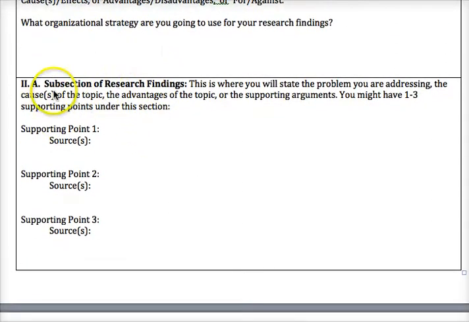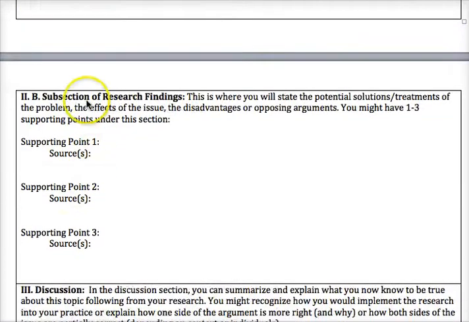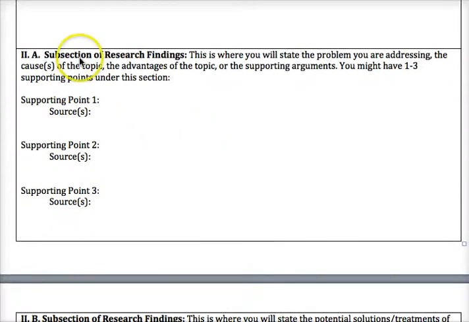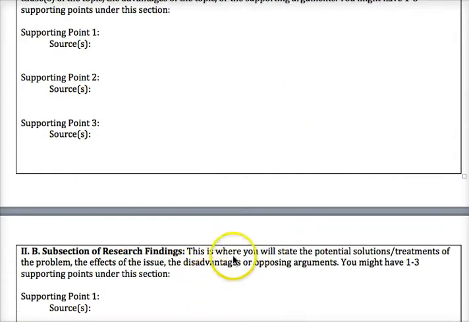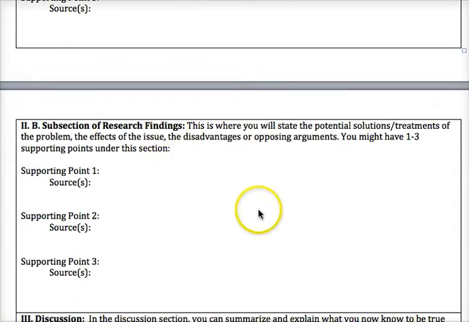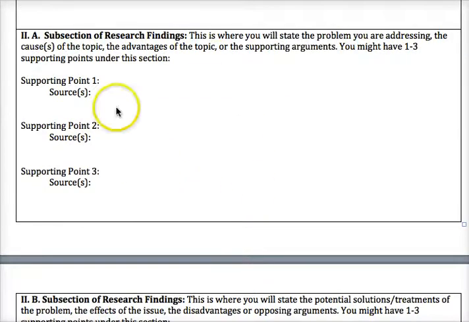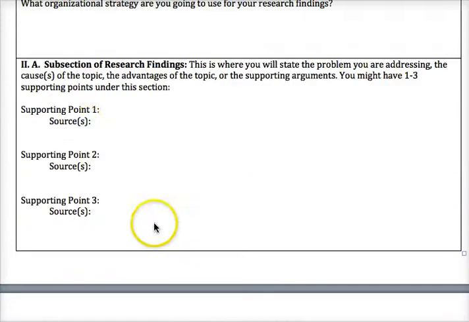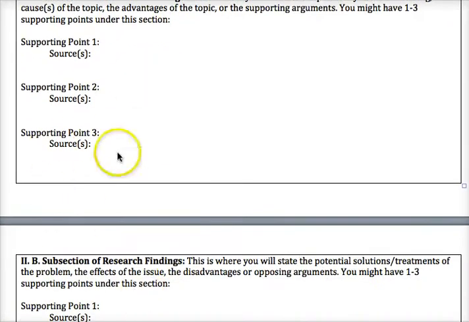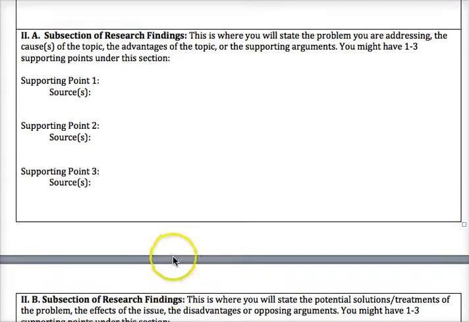So your research findings will have two sections, and I've labeled them A and B. So A is maybe the problem and B is the solution, or section A will discuss the cause, and B will be the effect, or you have the for arguments and against arguments. So you just want to make sure that you have two sections of your research findings.